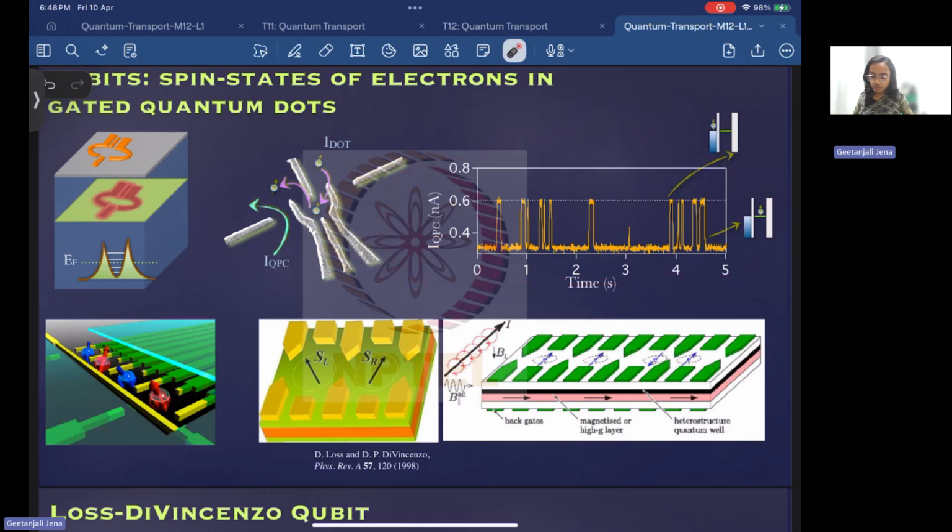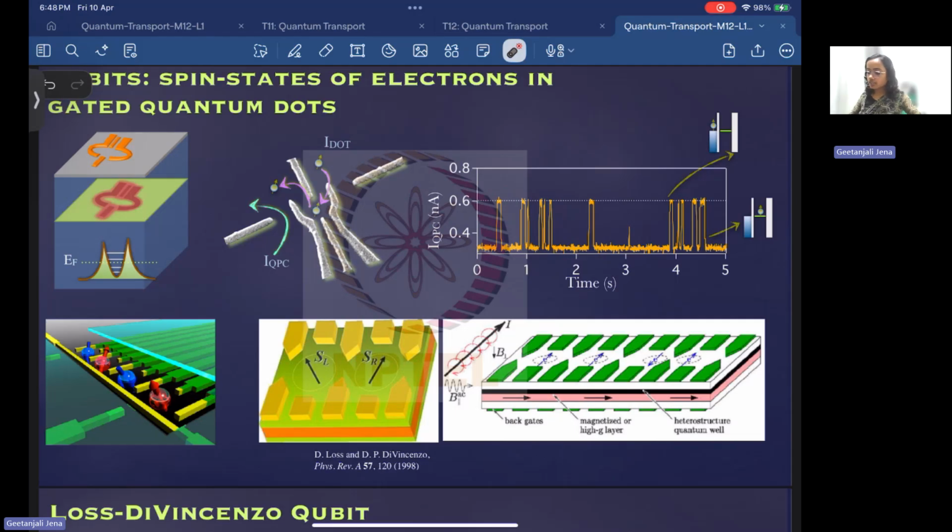So if you look here, this is the graph which we have covered before. We are just recording the current through this sensor as a function of time. We are recording the current across this charge sensor, which is the quantum point contact, and we see multiple peaks as we vary the time.